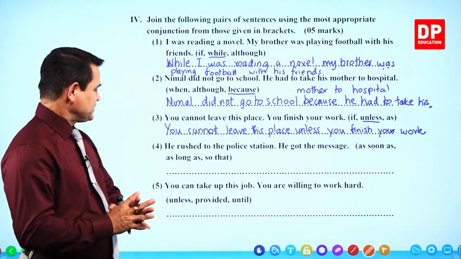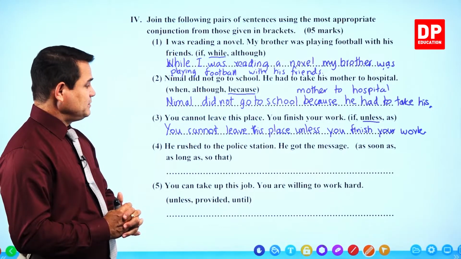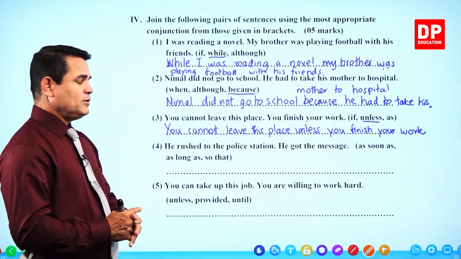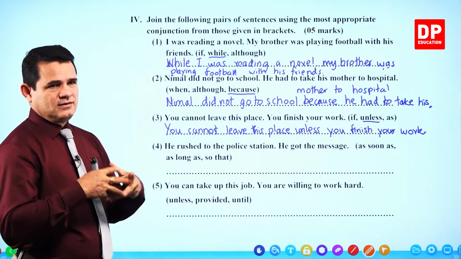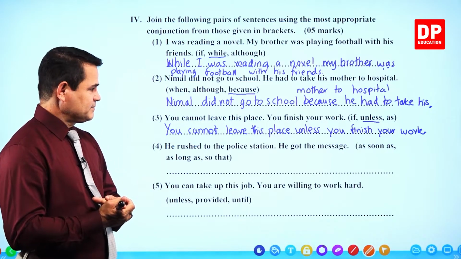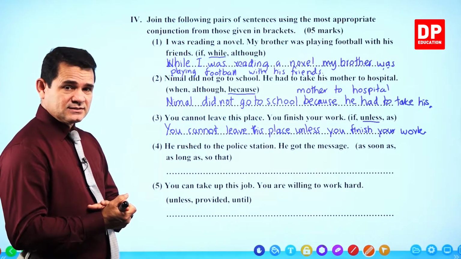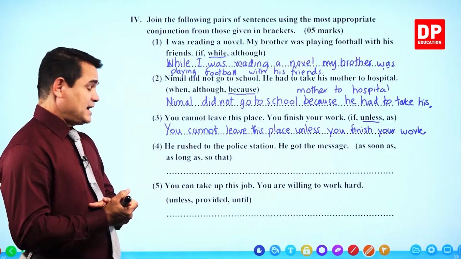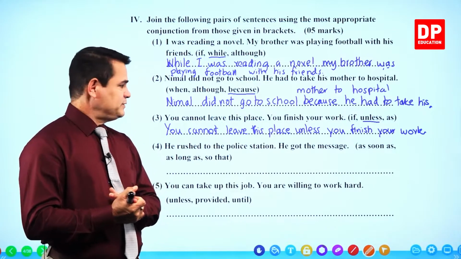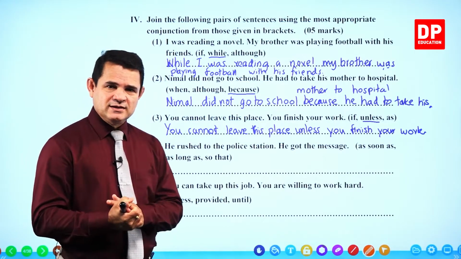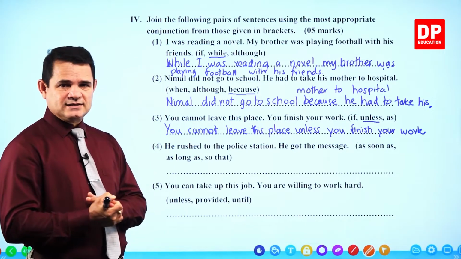Right, next one. He rushed to the police station. He got the message. Message එක ලැබුණා. police station එකට ඉක්මනට ගියා. As soon as වහාම, as long as, and so that. So which is the best word to join these two sentences?